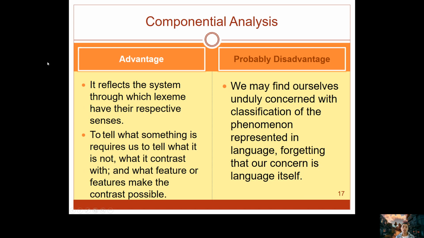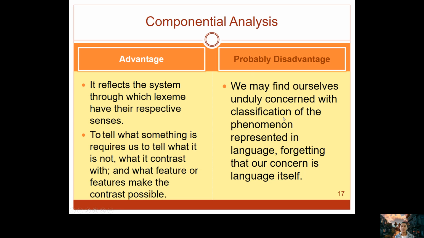This is the componential analysis, its advantage and probably disadvantage. It will affect the system, drawing out which lexemes have their respective senses, and to tell what something is requires us to tell what it is not, what it contrasts with, and what features make the contrasts possible.